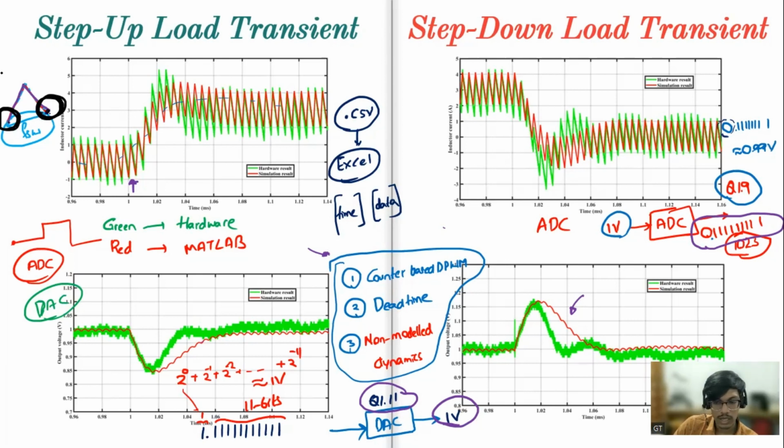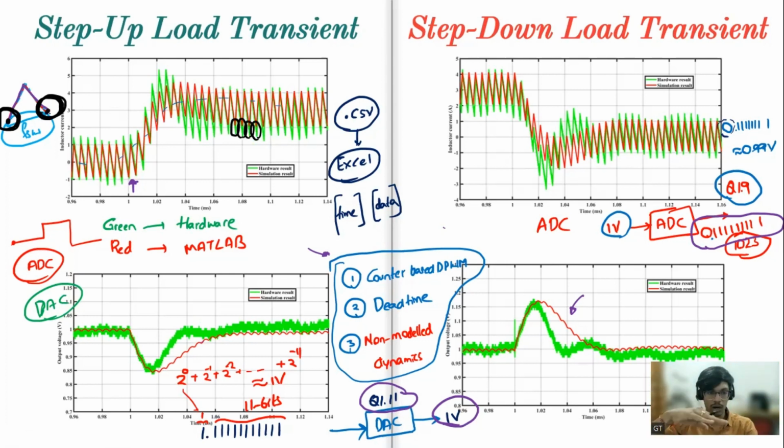Sir has discussed in his lecture how to map that, so that we can see the complete overlap. If you see this event and this event and this event, they are mapped. So we are seeing the hardware, and on top of that the simulation.